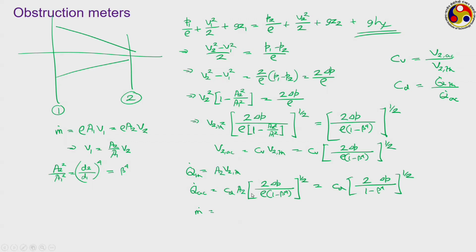So, it just comes A2 here, and we can of course consider this by making a change such that beta to the power 4 we can go back to the original expression, which is A2 square by A1 square. So, accordingly it becomes CD into A2 into 2 delta p by rho into 1 upon A2 square minus 1 upon A1 square.